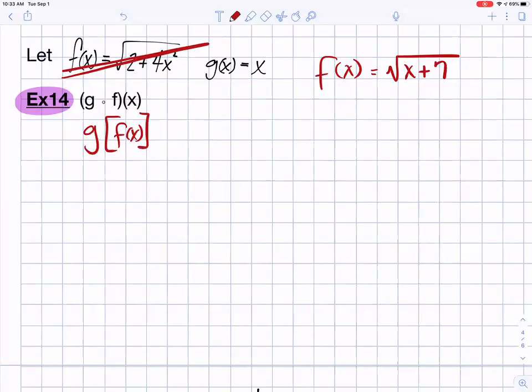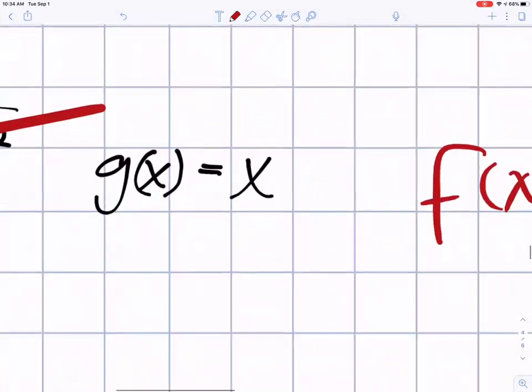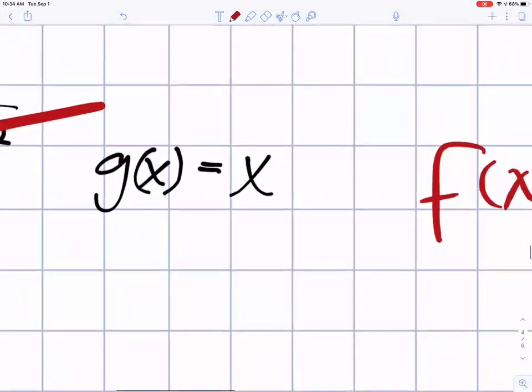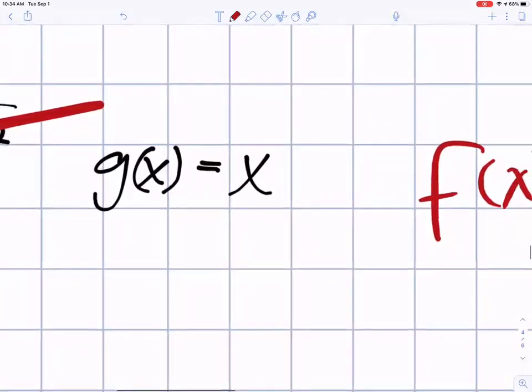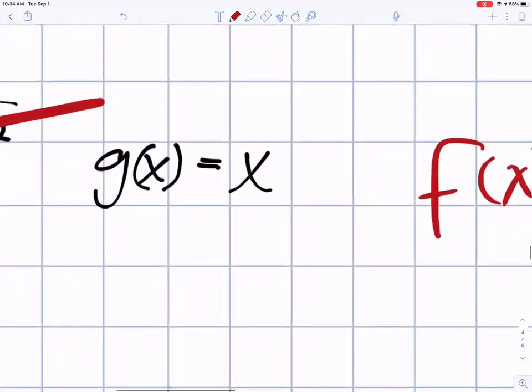Do you know what f of x is? Square root of x plus 7. Okay, let's come back up to g. What would g of 2 be? 2. What's g of ugly? Ugly.